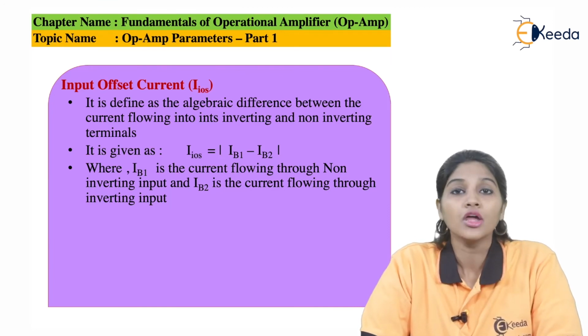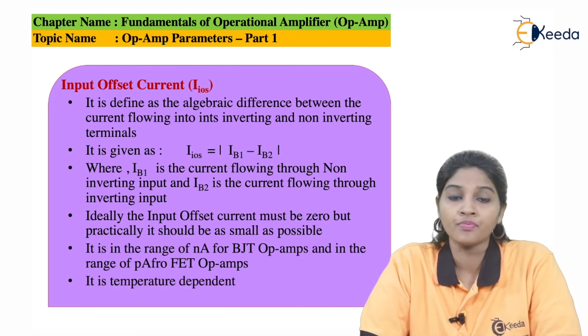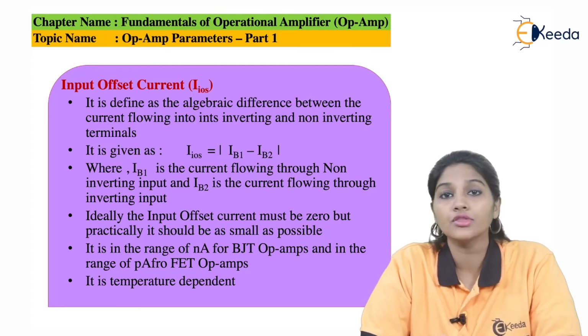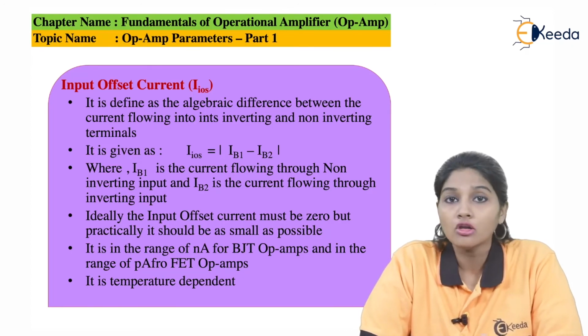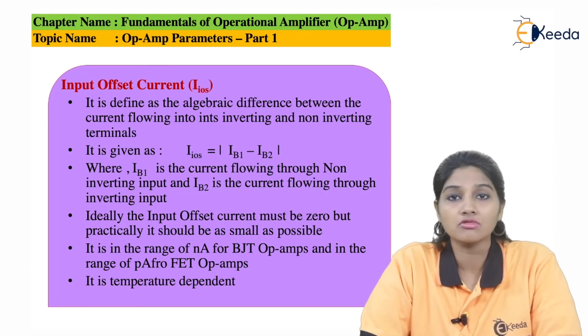Its value depends on temperature, and it should be as small as possible. When the op-amp uses FETs in the internal circuit, the value of IIOS is in the picoampere range. The values of IB1 and IB2 are not equal due to the imbalance in the characteristics of the transistors used in the internal stage of the amplifier.